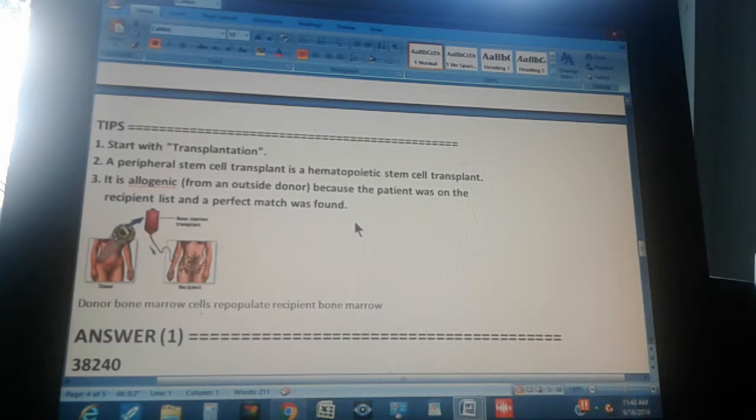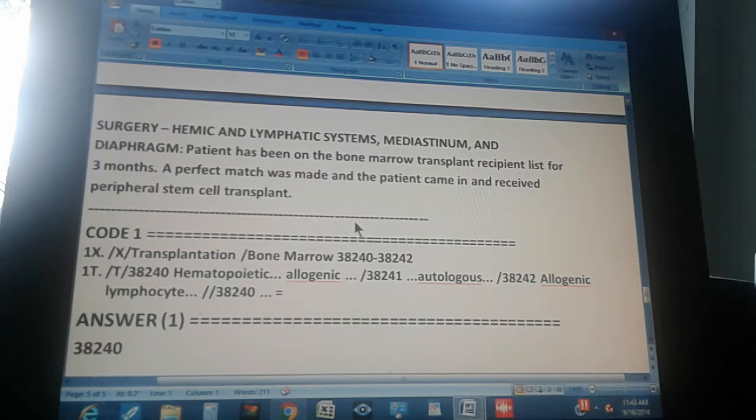We have a little graph there just to remind you how the bone marrow transplant is done. And you know that the answer is 38240. We're going to count to 3 so you can give us the path of how we got to the answer. 1, 2, 3. All right, this is the summary of the whole problem.